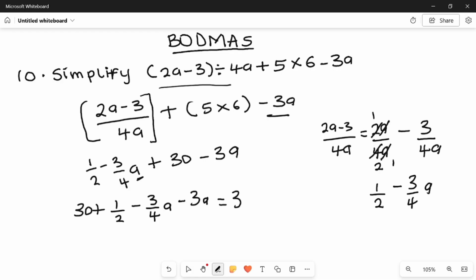So it will be 30 and a half minus 3 over 4a minus 3a. So this is the final answer.